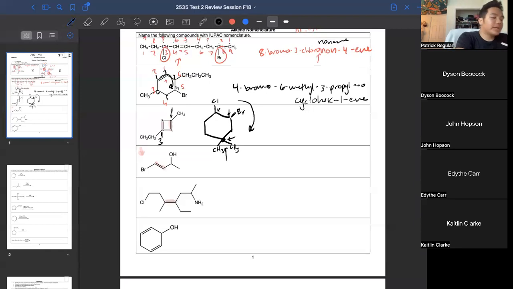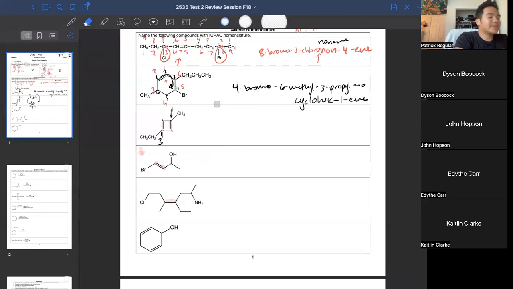So your starting point has to be the one with the most branches on it. Something we kind of glossed over. I didn't think you'd throw that at the test, but fortunately, it was on the test, but it goes by the same logic of the first point of difference. You always start at the one with the most branches, assuming that that carbon has a priority group. Because again, priority groups have to have the lowest numbers possible.